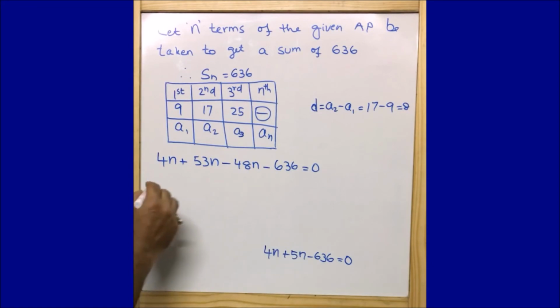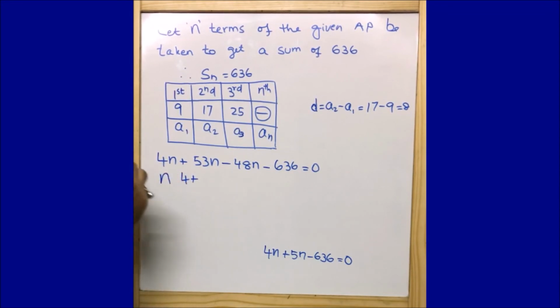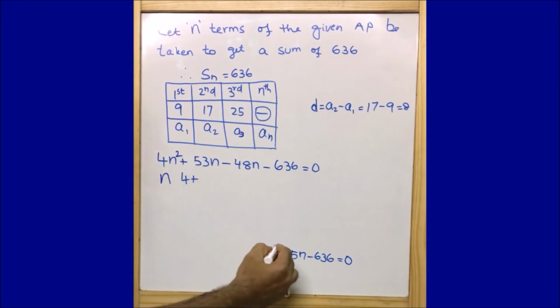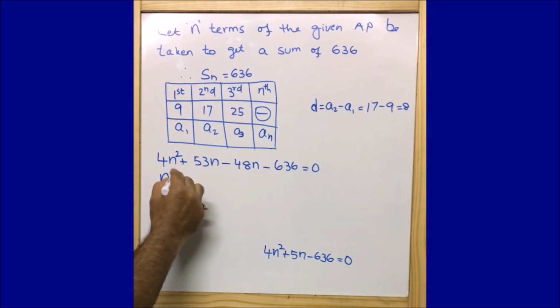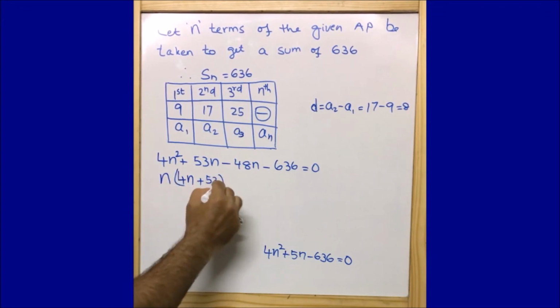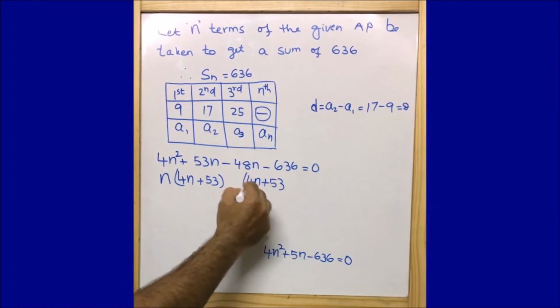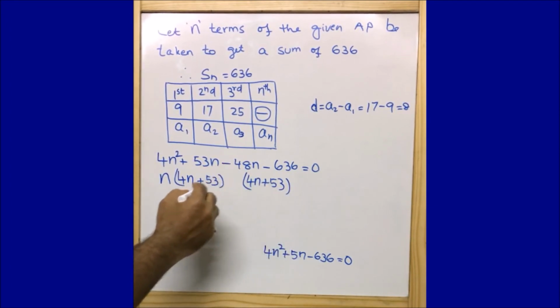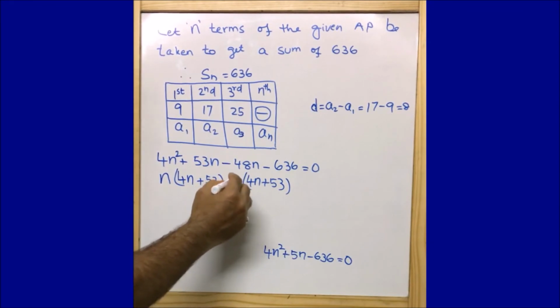Now, here n is common, so I can take n into 4n plus 53, and the other part will also be 4n plus 53, with a minus 12 there.